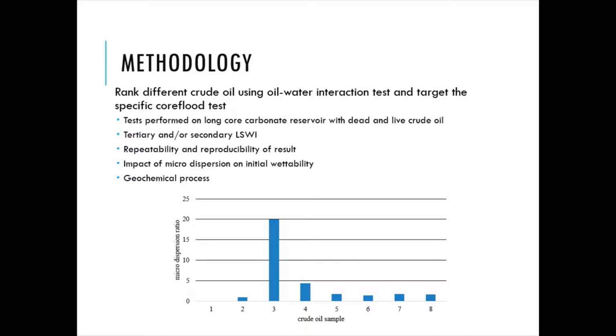And we have this crude oil, which is a good crude oil, a very rich and potent crude oil responding to micro-dispersion formation, very good. And then we have other crude oils, relatively negative ones. We selected number 3 and number 2, and we tested on the carbonate rock to see how it performs.